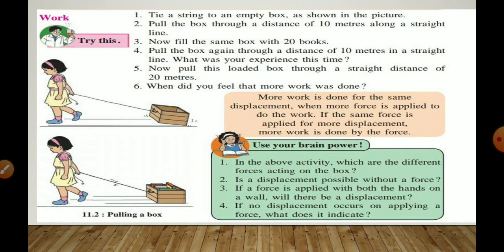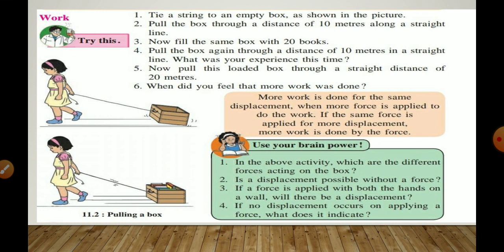Tie a string to an empty box as shown in the picture. Pull the box through a distance of 10 meters along a straight line. That is the first picture.